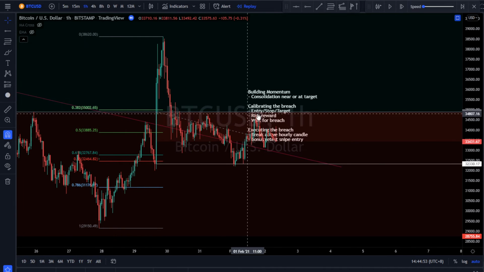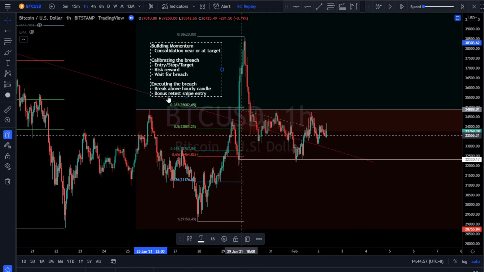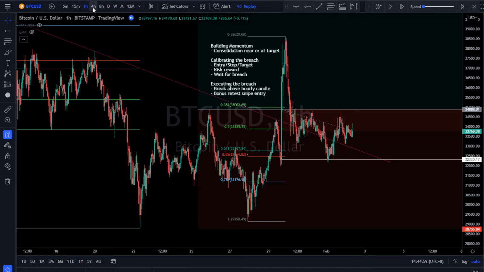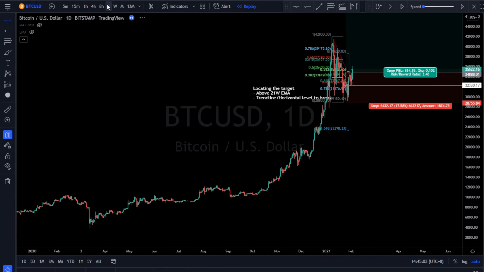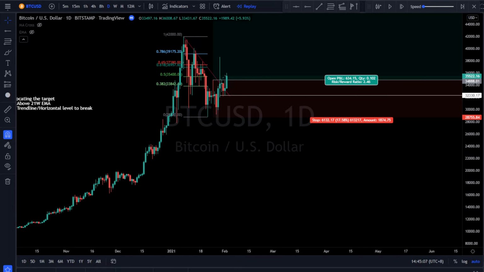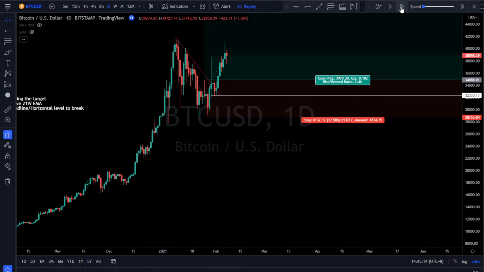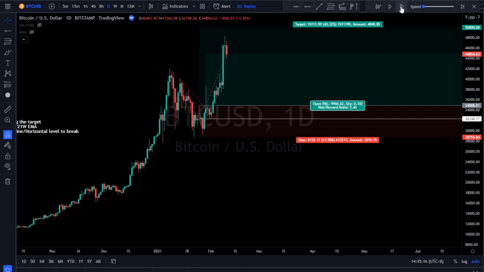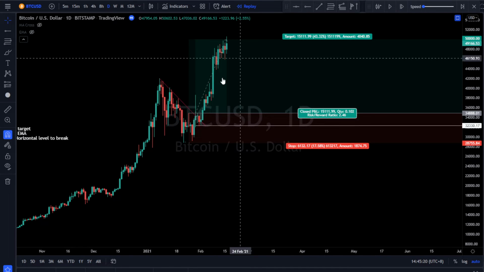And from here, zoom out a bit. We have this Fibonacci, and let's watch. All right, so this breakout worked, and there, we hit our target.